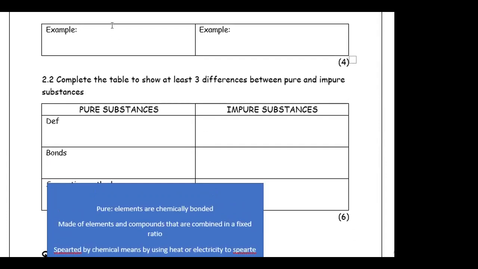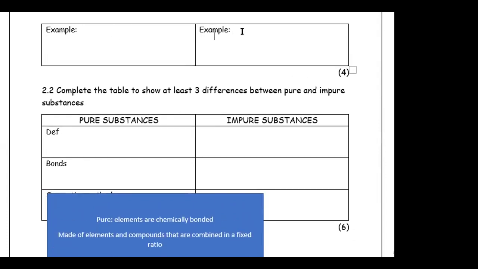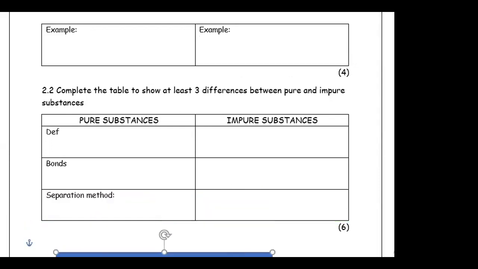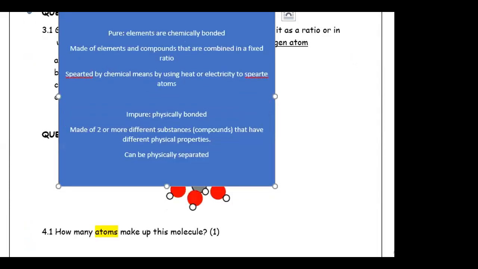Okay, an example of an element, and I want all of you guys to try and answer this. What is an example of an element, and what is an example of a compound?